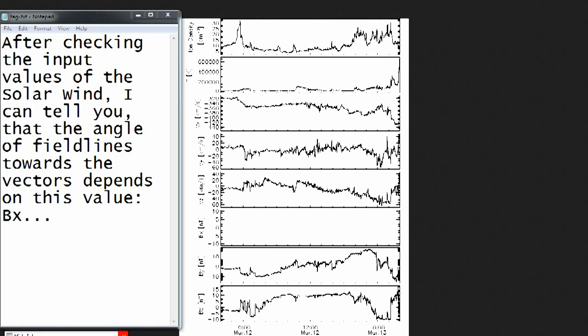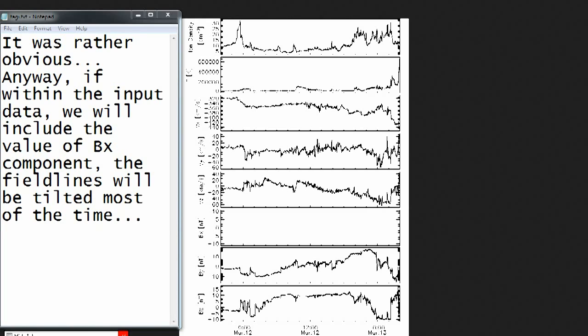After checking the input values of the solar wind, I can tell you that the angle of field lines towards the vectors depends on this value, Bx. It was rather obvious.